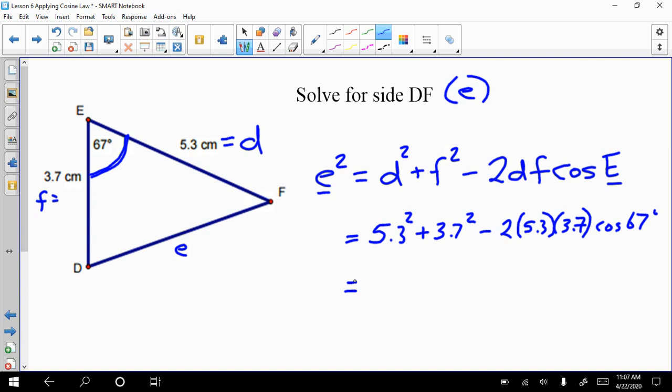I want you guys to follow along with me because this is where students will often make mistakes. So here I go, 5.3 squared plus 3.7 squared.